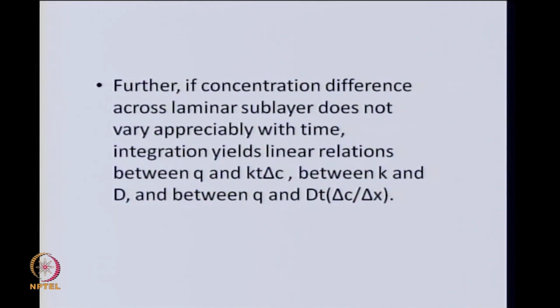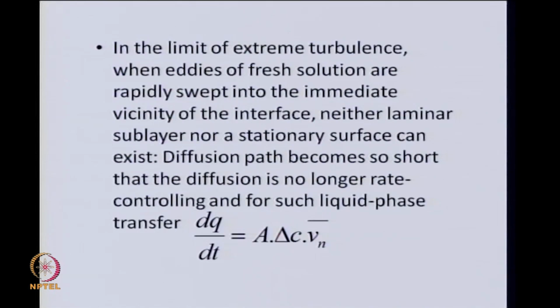Likewise, between Q and dt by delta C by delta x. You can see here that this delta C by delta x is the concentration gradient, or you can look at D by delta x as the mass transfer coefficient from film theory, delta C is the driving force, and that multiplied by area and time will give you total moles of the solute Q transferred across the interface.